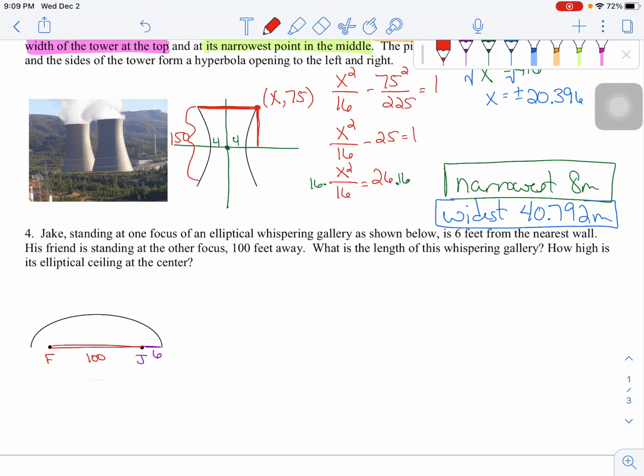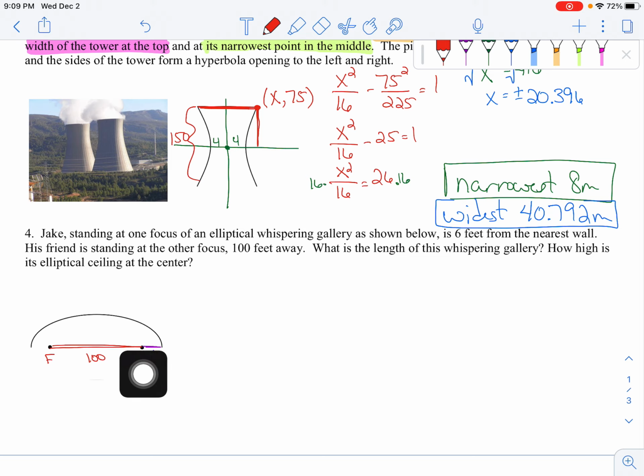For those of you who've never heard of a whispering gallery, they're kind of these cool rooms where you basically take an ellipse and everything in the room is elliptical in terms of the floor is elliptical, the ceilings and the wall are all the same elliptical shape.